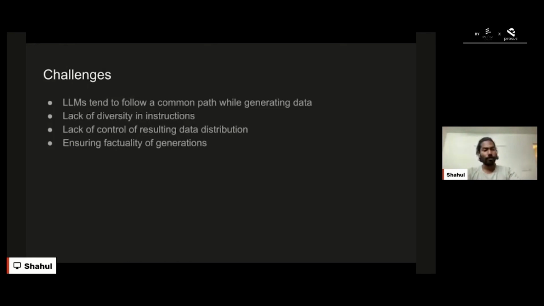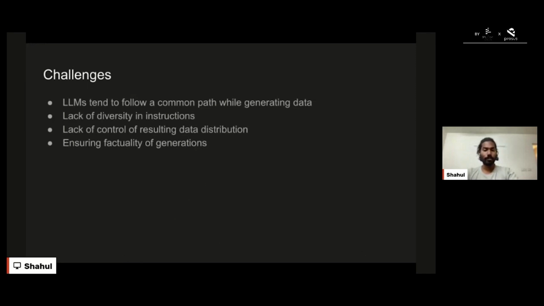LLMs tend to follow a common path while generating data or tokens. If you give a particular chunk of text and ask an LLM to generate questions and answers from it, it is most likely to follow a repeated pattern, which will lead to a very less diverse set of instructions.